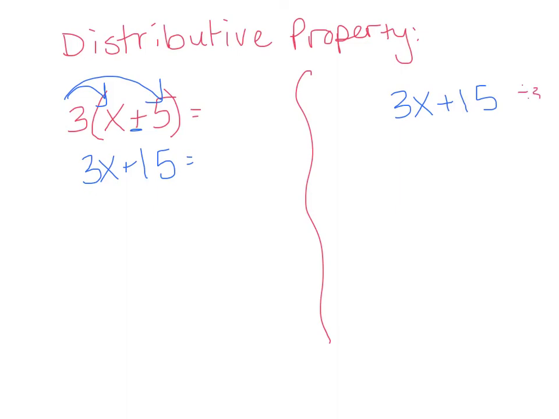I'm going to pull 3 out, and then what I'll be left with, because 3 divides into 3x once, so you have 1x there, and 3 divides into 15 5 times. So now I have 3 times (x plus 5). So you can pull numbers out so that you have simpler equations too. You can go both ways with it, and it depends on what you need done. You can use the tool either way.